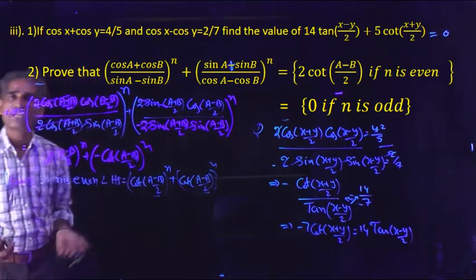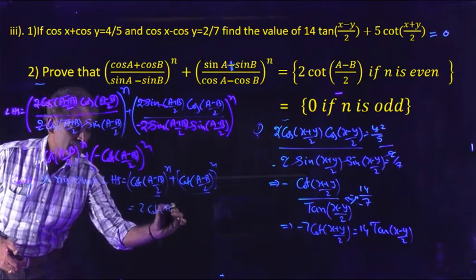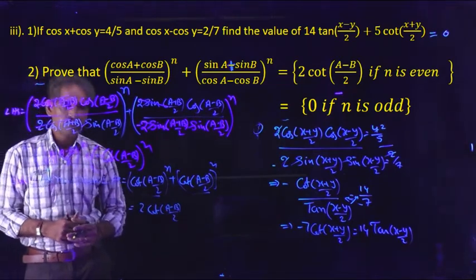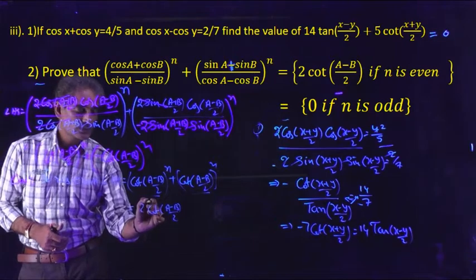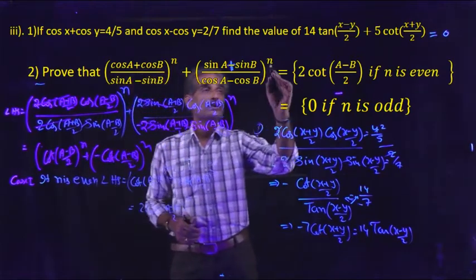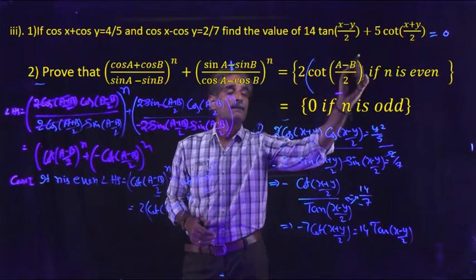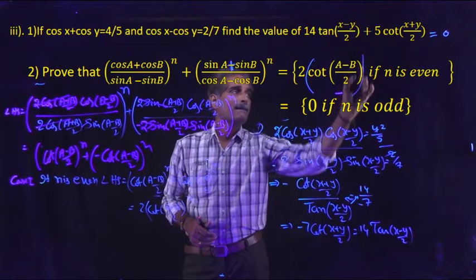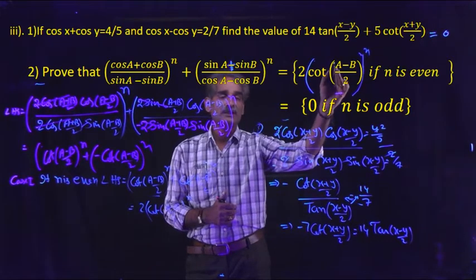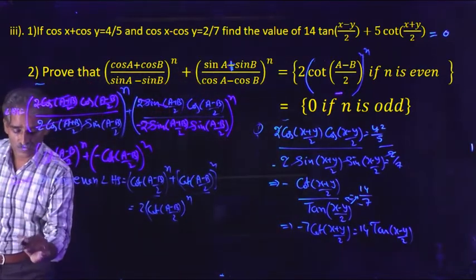These two terms are the same, so we will get 2 into cot((A−B)/2) whole power n, otherwise 2 cot power n. Okay, so now case 2, come to case 2.